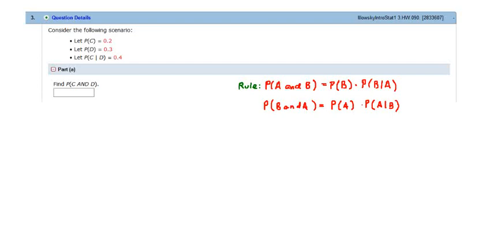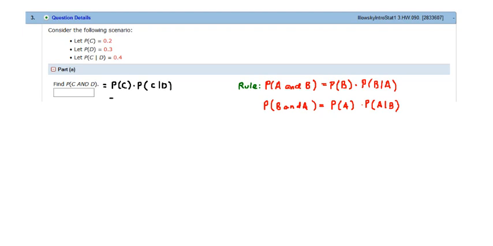Well, we're asked, first of all, in this problem, let's find the probability of C and D occurring. Okay, let's go to our calculation here. We have our rule on the right. The probability of C and D occurring, according to this rule, should be the same as the probability of event C times the probability of event C given D has occurred.